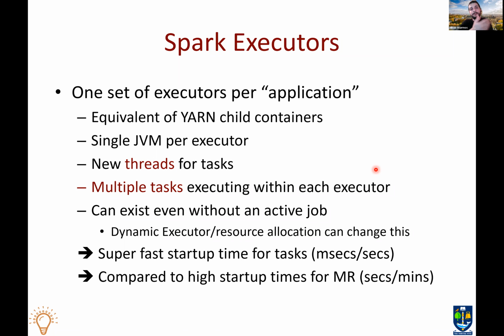And as processing goes, it tries to monitor how loaded these executors are. So if it sees that these executors are fully loaded most of the time, it will try to spawn more executors. If it sees that some of these executors are idle, then it will remove some executors and will shift things around. Okay.